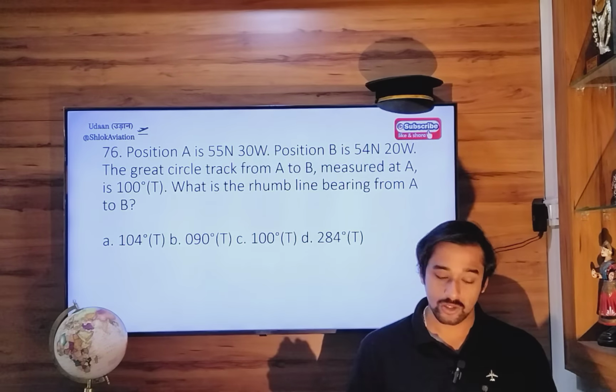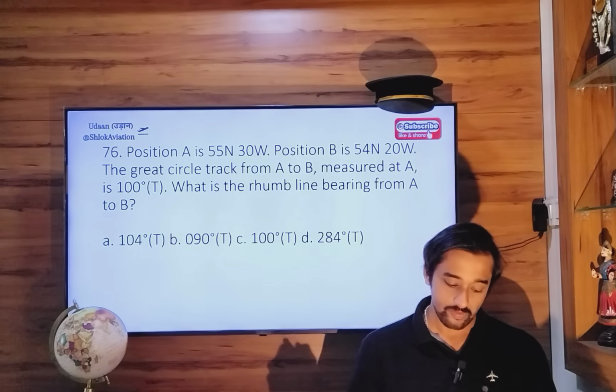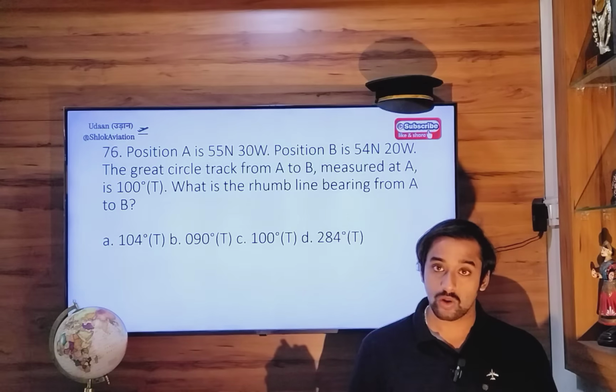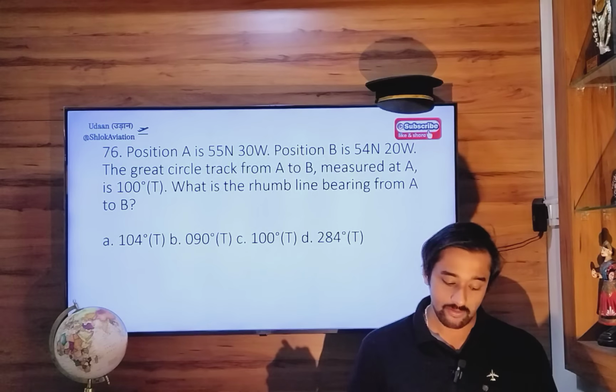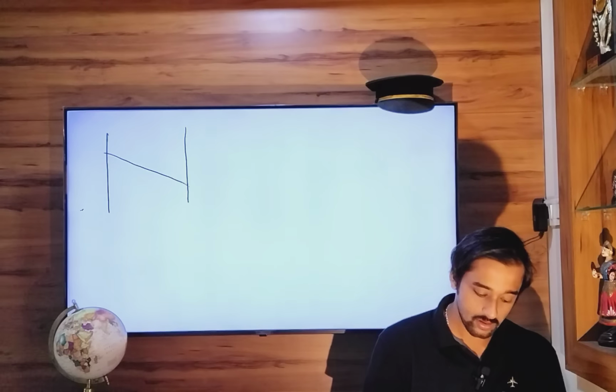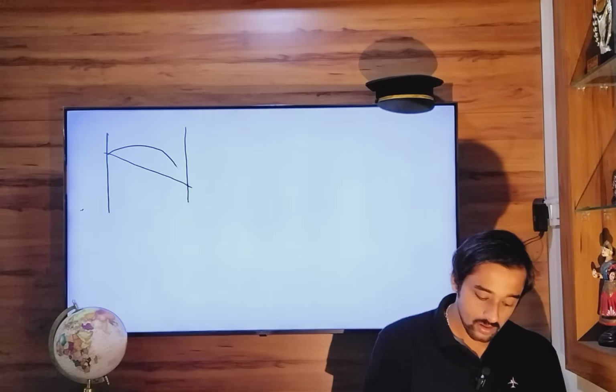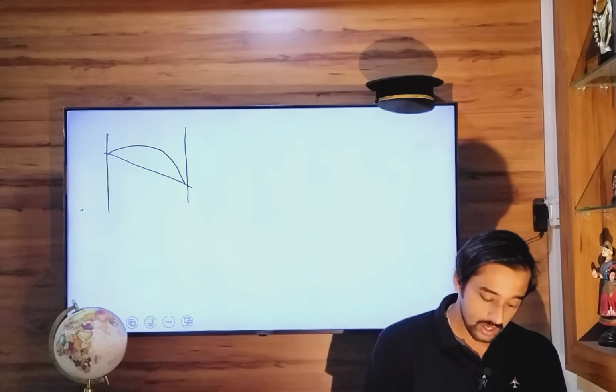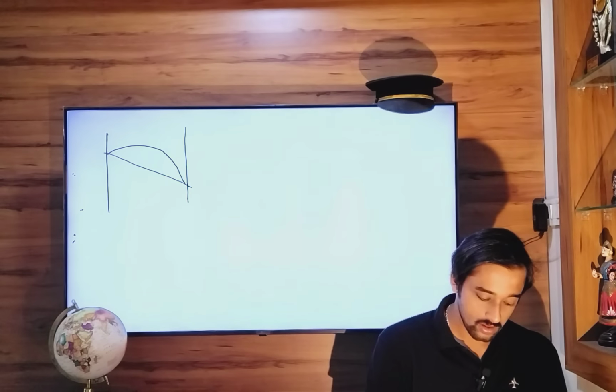Position A is there, position B is there. The great circle A to B is 100. What is the rhumb line from A to B? Very simple. So let's draw this. A is here, B is here.